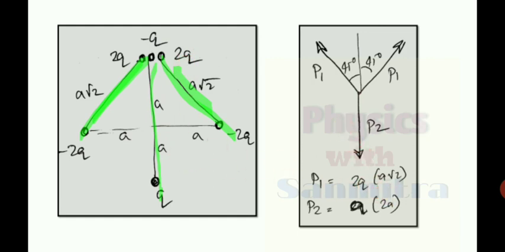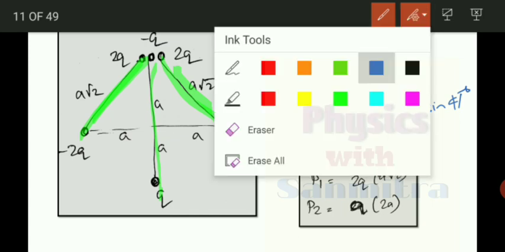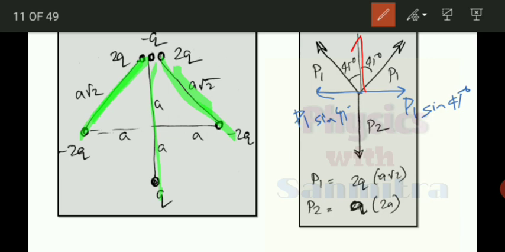Now if I resolve this P1 into two components, this will be P1 sine 45, and this will be P1 cos 45.